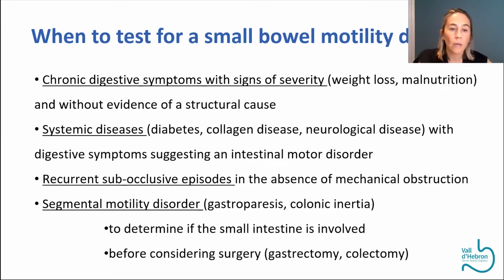Also patients with systemic diseases, diabetes, collagen disorders, neurological diseases with digestive symptoms, in whom we think they may have a motor disorder. Also patients with subocclusive episodes in the absence of a mechanical cause, and patients with segmental motility disorders such as gastroparesis or colonic inertia, to determine if the small bowel is also involved, and especially before considering surgery in these patients, gastrectomy or colectomy.